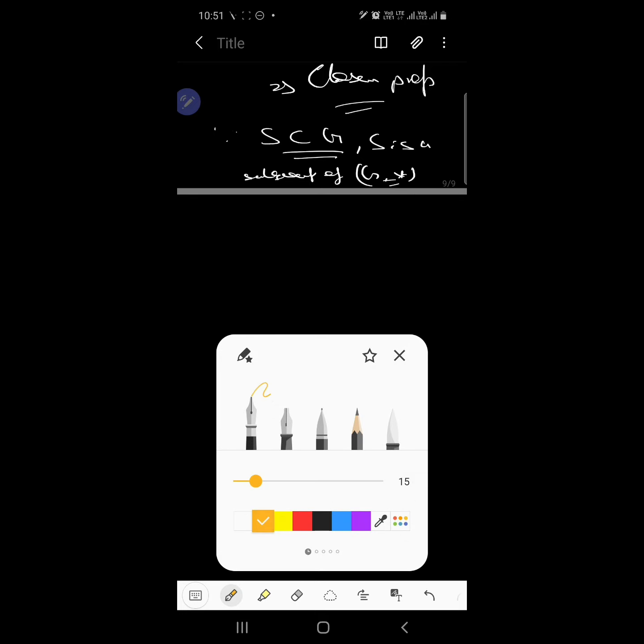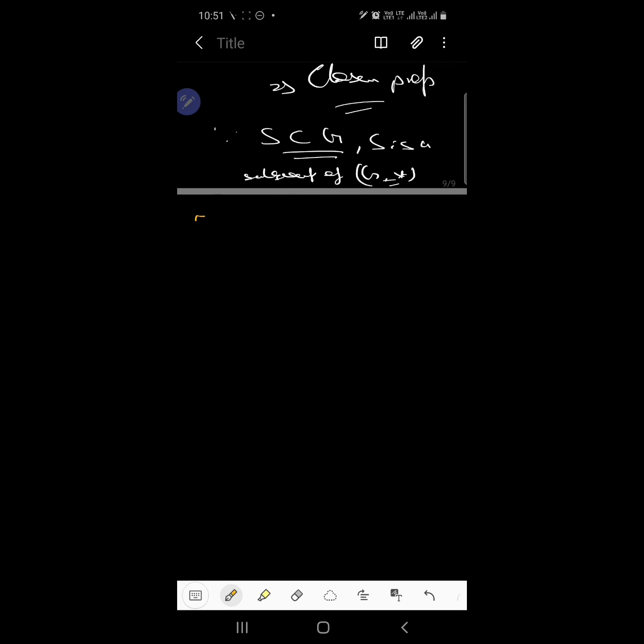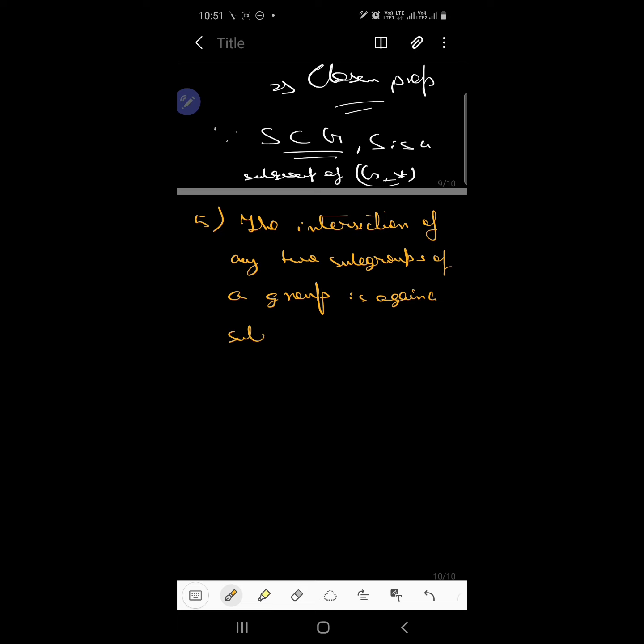The theorem says that the intersection of any two subgroups of a group is again a subgroup of the group.